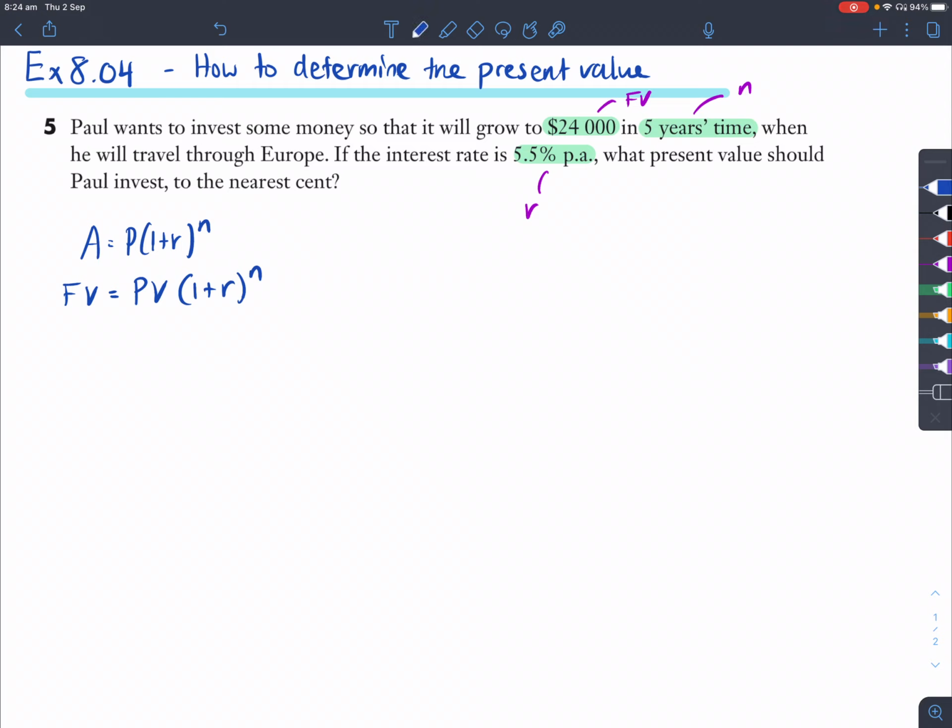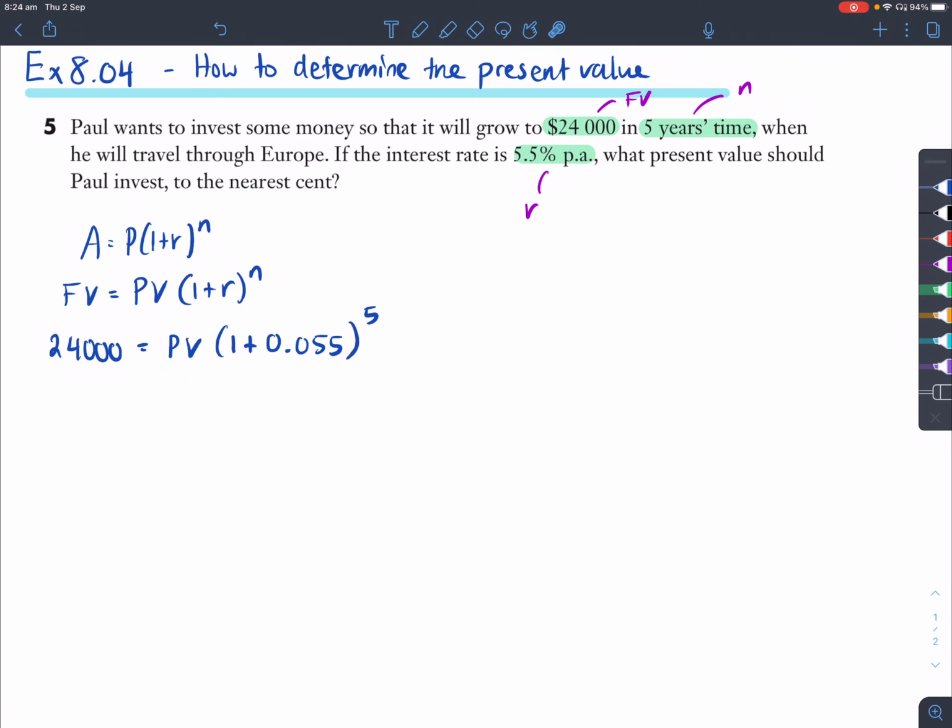Well, FV is 24,000 equals PV, which we don't know, brackets 1 plus R, which is 5.5%. That's the same thing as 0.055, raised to the power of 5. Then what we're going to do is divide both sides by this bracket.